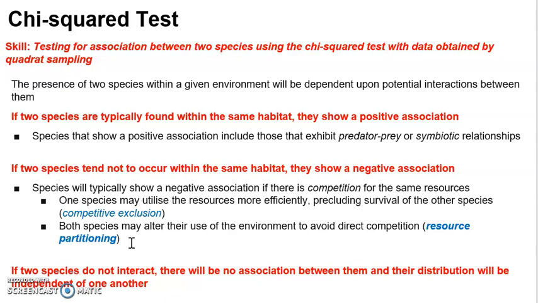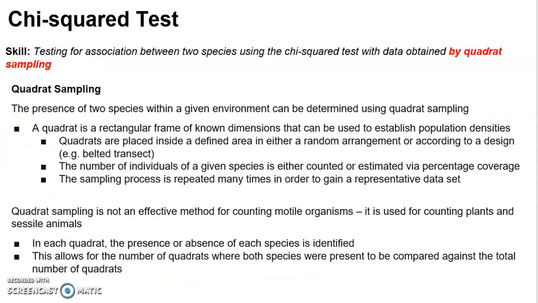I'm going to ask one of you to explore this a little bit more and do a presentation like we've done so far. But what we're looking at with the chi-squared test are two species. They're found in the same place. Do they have an association? Are they interdependent? We're going to explore species by using quadrat sampling, and that is what this is all about.